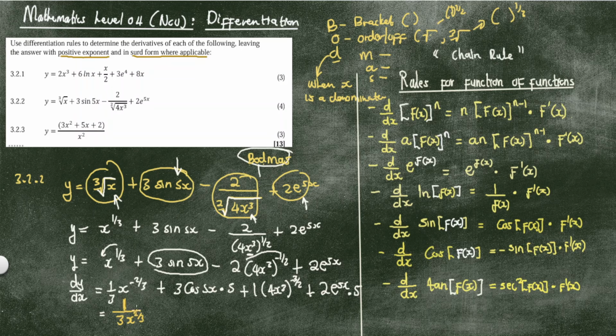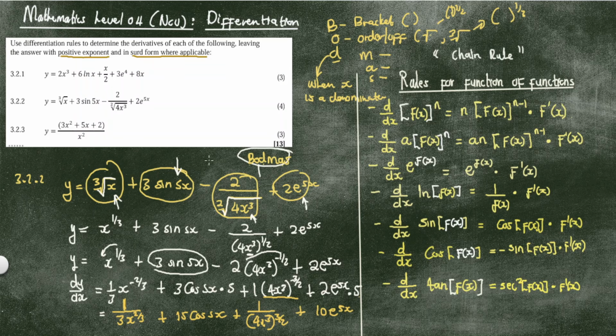So we change this into a surd. This is going to be equal to plus 3 times 5, that's 15 cos 5x, plus this has a negative exponent, so you flip it: 1 over 4x cubed raised to exponent 3 over 2, plus this times this, that's 10e raised to exponent 5x.